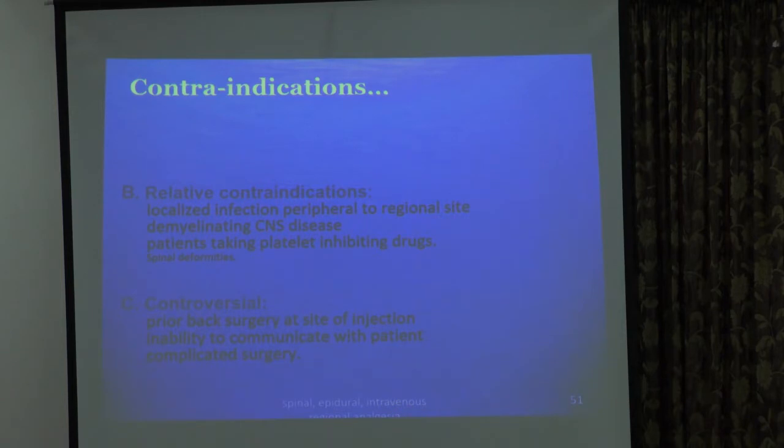Yesterday I did a spinal for a woman. She insisted she wants a spinal. I said no, because she had this chronic long-standing back pain, and she said she wants a spinal because she had a spinal before and she loved it. So, well, I noted it down, and that is her wish. I gave her the spinal. This morning, she was complaining of severe backache, and there's nothing I can do about it.